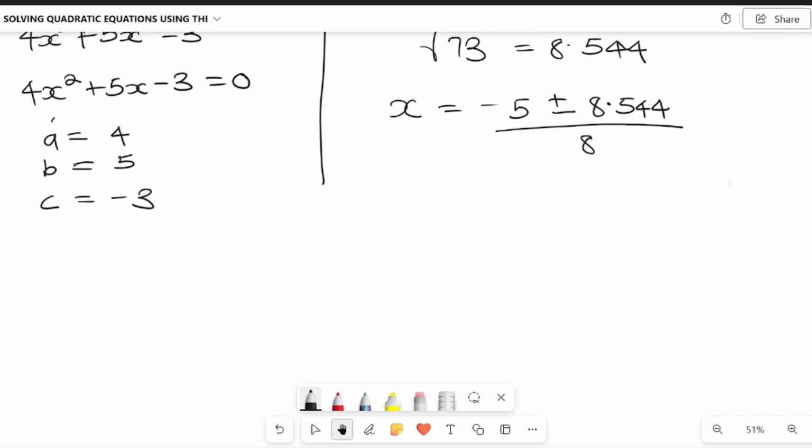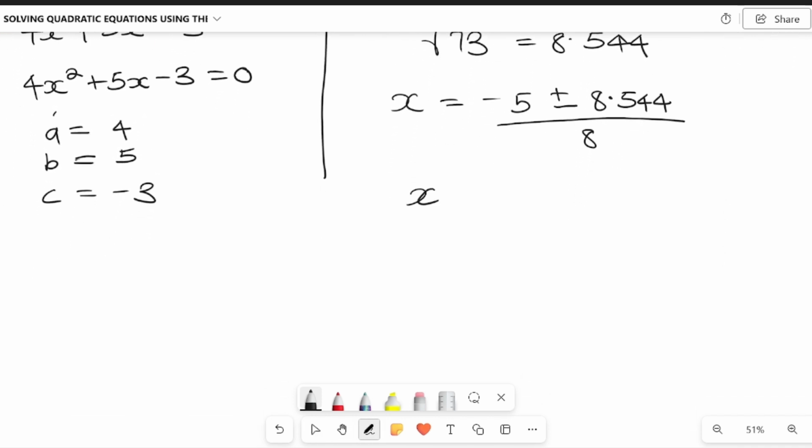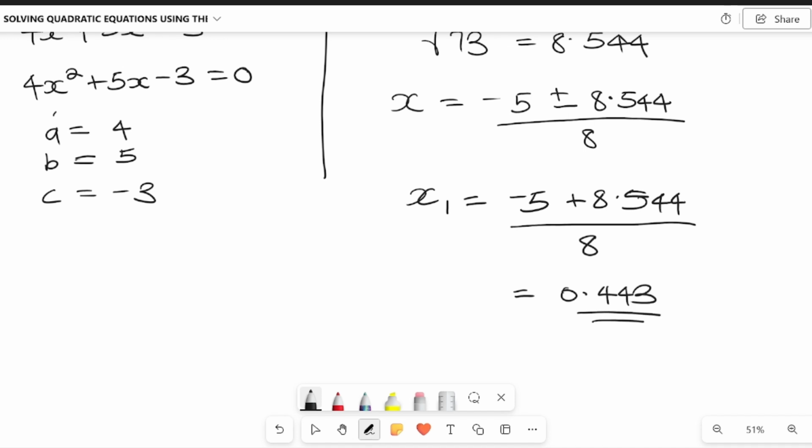So the first value of x is negative 5 plus 8.544 all over 8, which is equal to 0.443.